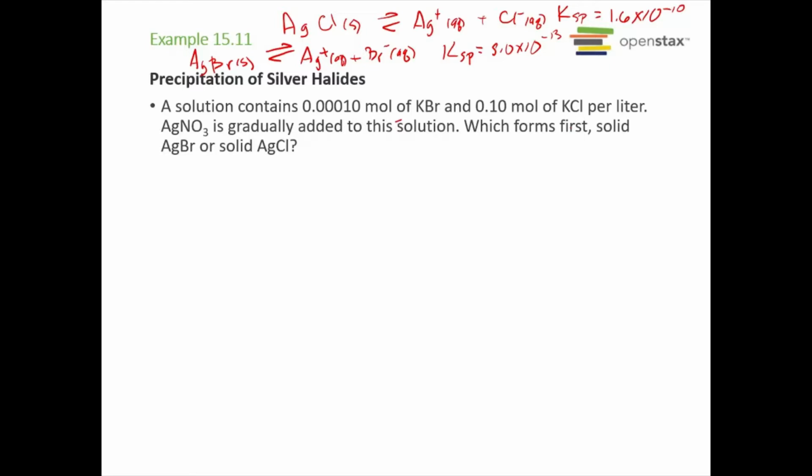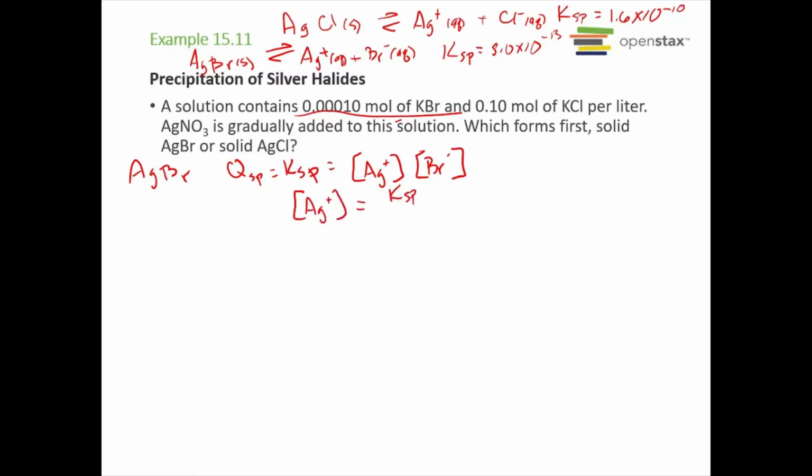Okay, so let's start with silver bromide, AgBr. So we know it precipitates when QSP equals KSP. Right, so that means we have the concentration of silver times the concentration of Br-. And we know our concentration of Br-, because we get that from the KBr. And we do not know silver. So the concentration of silver ion is equal to KSP over bromide.